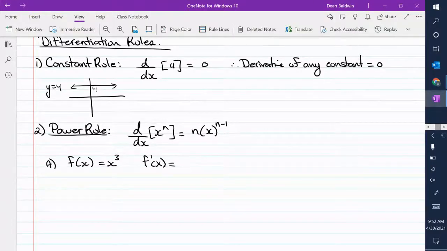So if I want to know what the derivative of x cubed is, what happens to the 3? Put it down in front. So I get 3x, take 1 away from the exponent, so it becomes 2. That's the derivative. You're done. 3x squared.